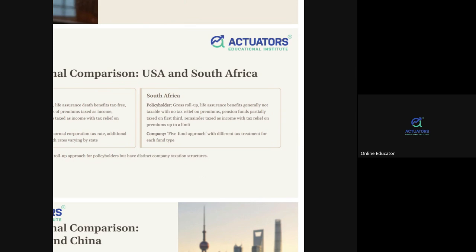After which even the first 1/3 portion is partially taxable, and whatever is remaining that you take as annuity is taxed like any income, right? Because it's on a gross roll-up basis, the policyholders are not taxed on investment earnings as such, right?